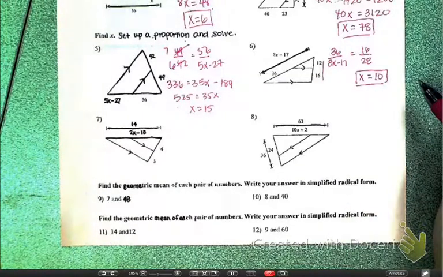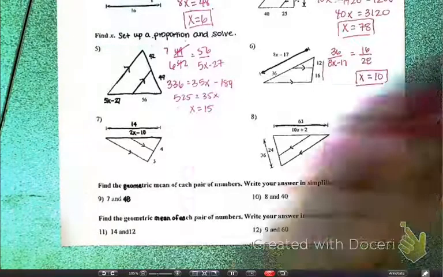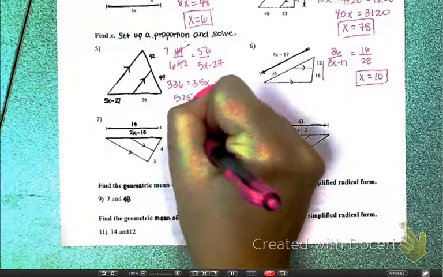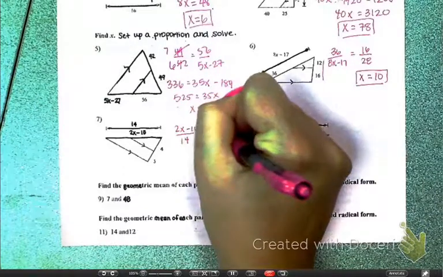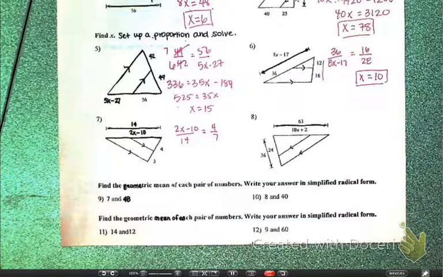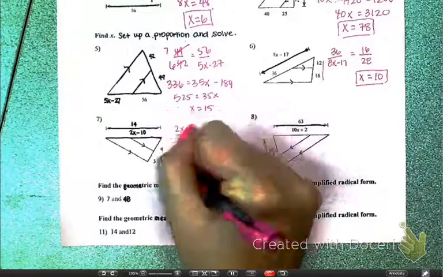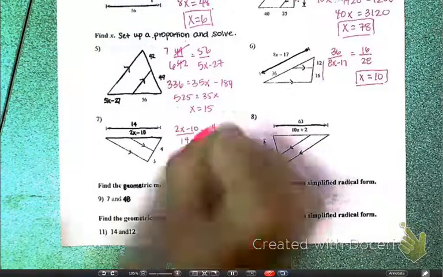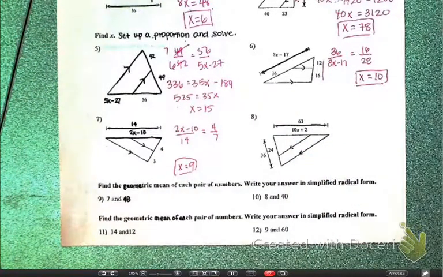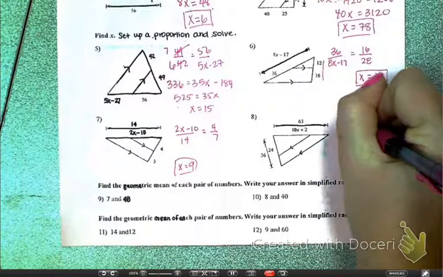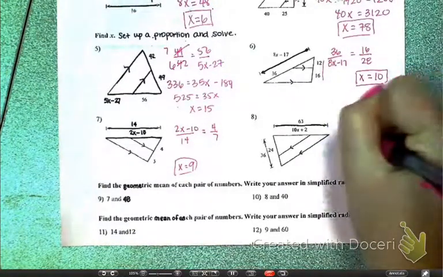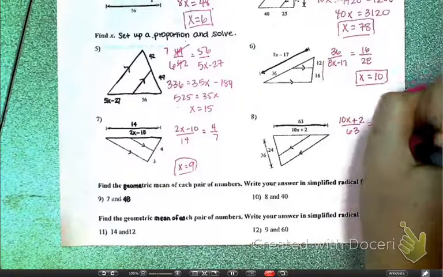Number 7, same thing. I would do 2x minus 10 over 14 equals 4 over 7. And you should have gotten x equals 9. Still okay? All right. And then this last one is straightforward. 10x plus 2 over 63 equals 24 over 36.